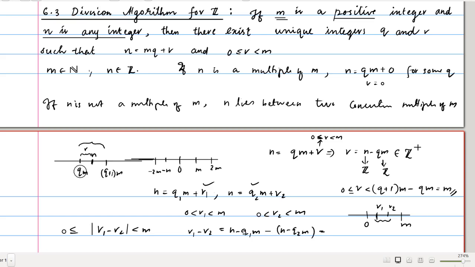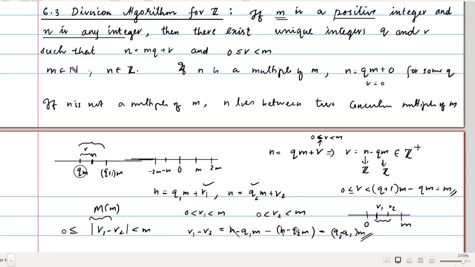From this you can cancel these two n's, and the remaining will be q2 minus q1 times m. So that is a multiple of m that lies less than m. We know that the only possible multiple which is less than m and greater than or equal to 0 is 0.